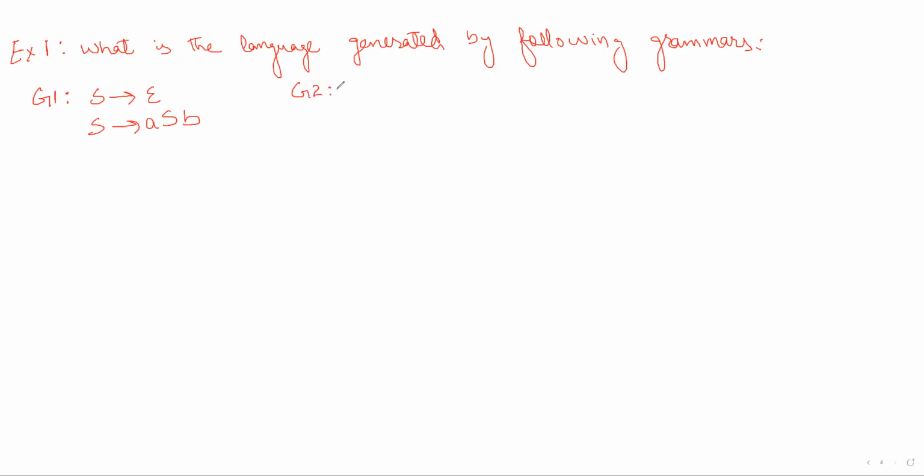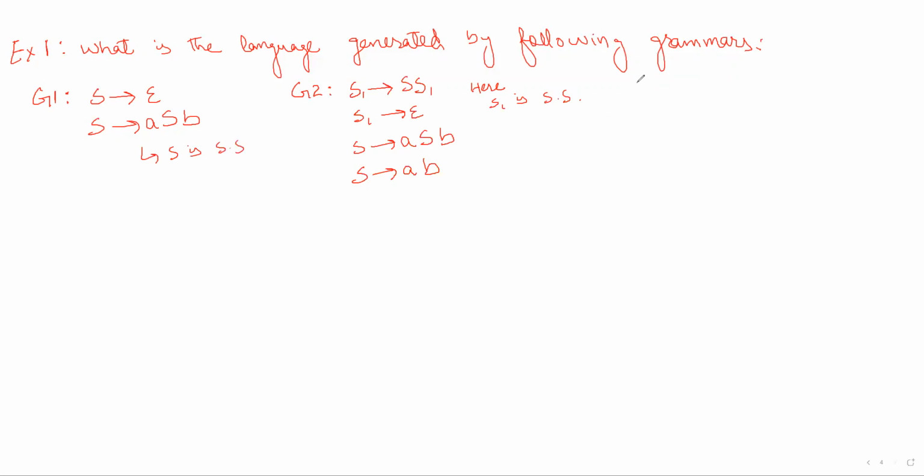Grammar 2. The second grammar is S1 gives S. The second rule is S1 gives epsilon, S gives A S B, and S gives A. Here S1 is the start symbol, and here S is the start symbol.